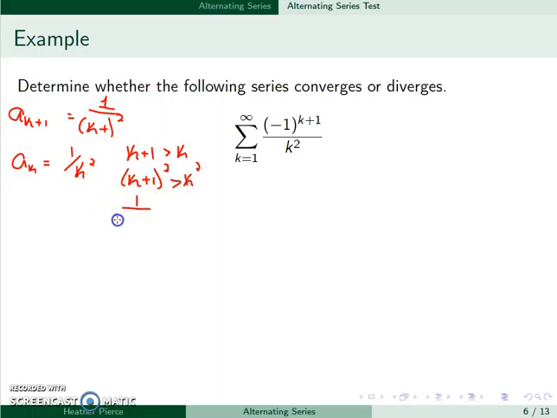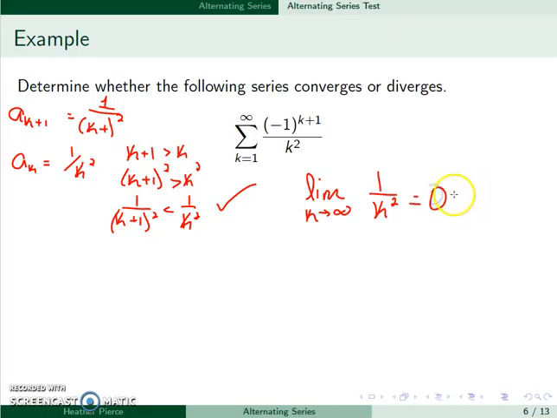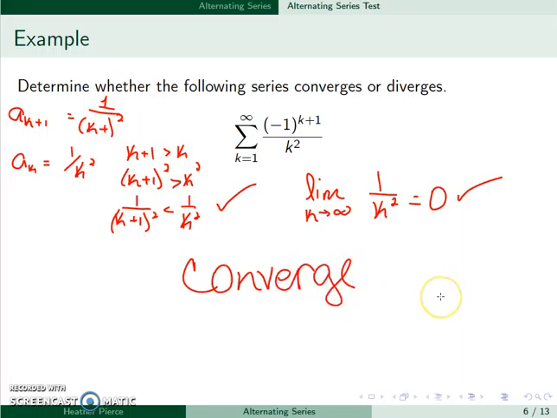When we flip our fractions, 1 over k plus 1 squared will be less than 1 over k squared. So this satisfies our first condition. The second condition said the limit as k goes to infinity of 1 over k squared was 0, which it is. So we've satisfied our second condition, and this series will converge.